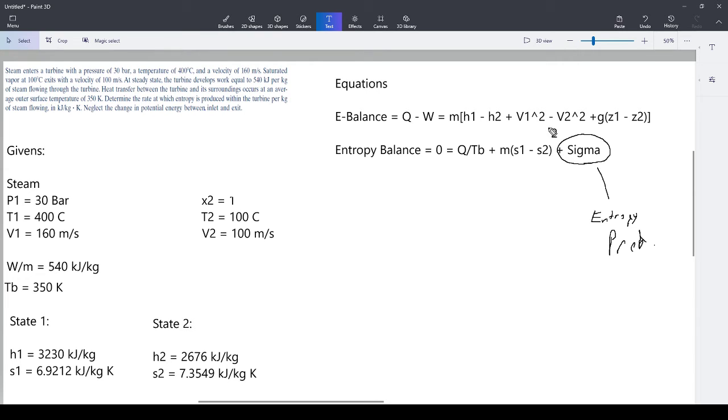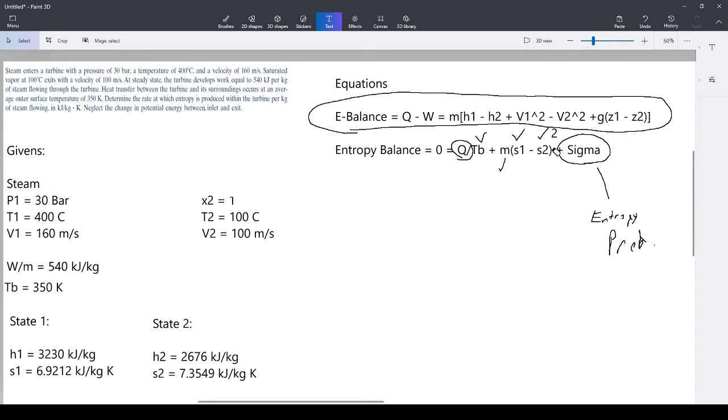So we have S1, S2, and mass doesn't matter for right now. We were given TB, which means the only thing left for us to find is Q. Can anybody tell me what equation we might use to find Q? The energy balance equation, correct. So we are going to be using this to find Q.